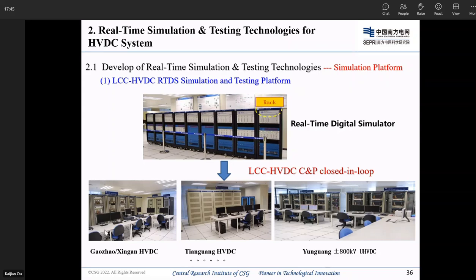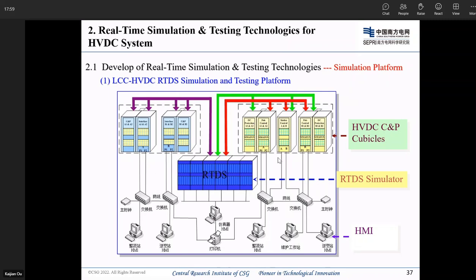So this is the Gaozhou and Xin'an HVDC, and this is Tianguang HVDC. This is the Yunguang UHVDC control cubicle here. And this is also an example, RTDS connected with the HVDC control cubicle.